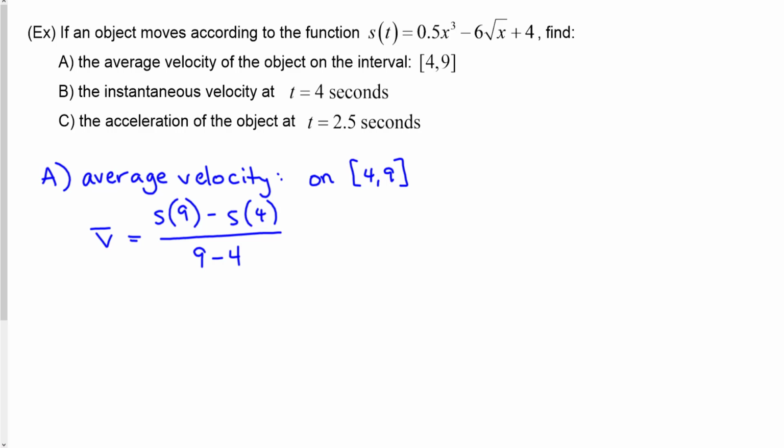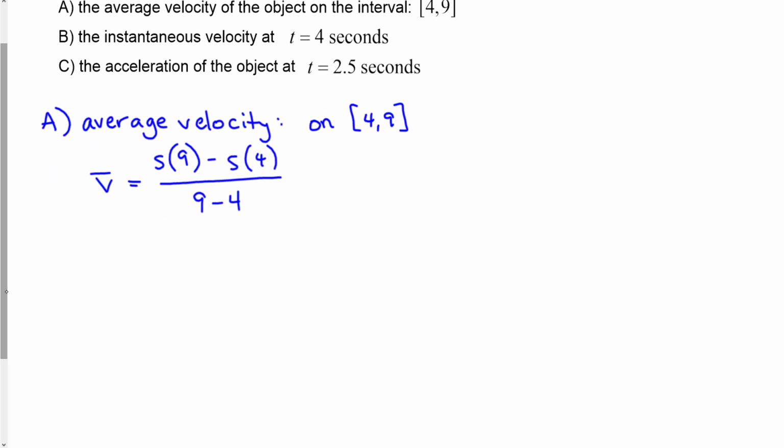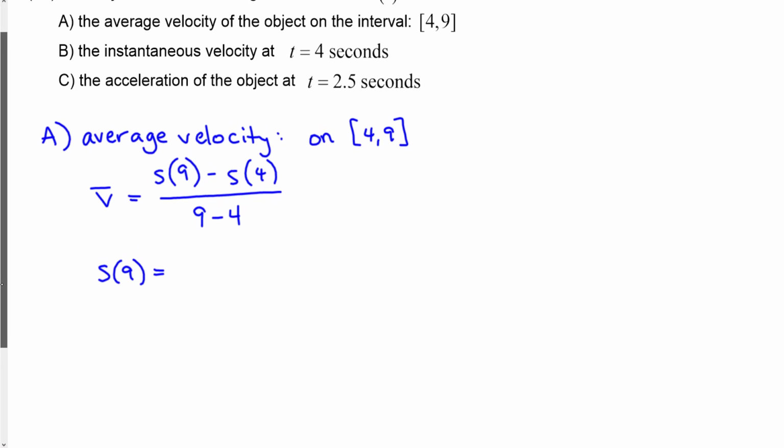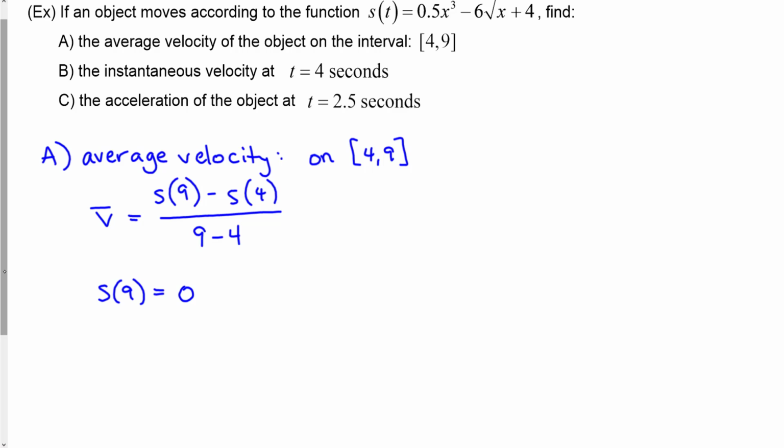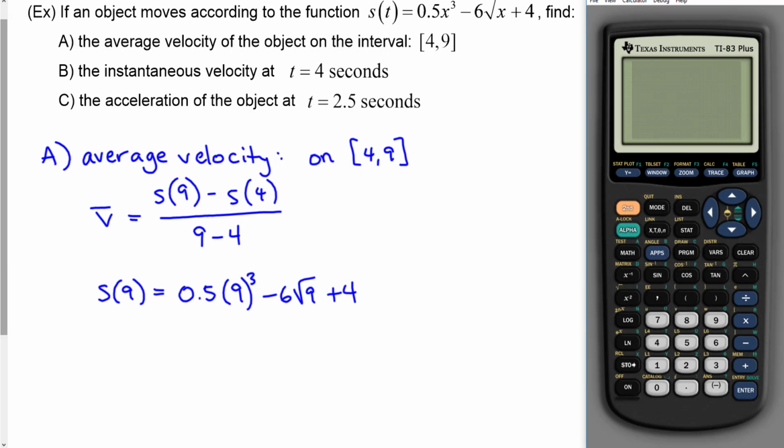Now, s of 9 and s of 4, I'll calculate those separately. So s of 9, according to my function, would be 0.5 times 9 cubed minus 6 times the square root of 9 plus 4, which I think I should use a calculator for. 9 cubed is 729 times 0.5.